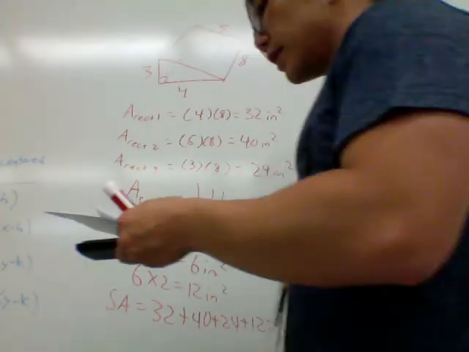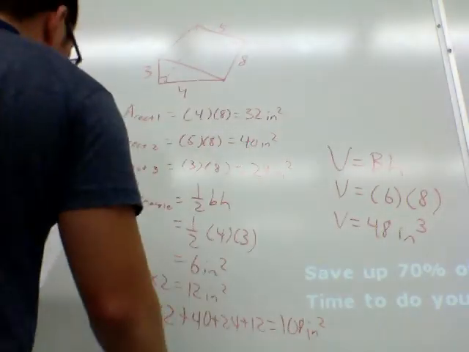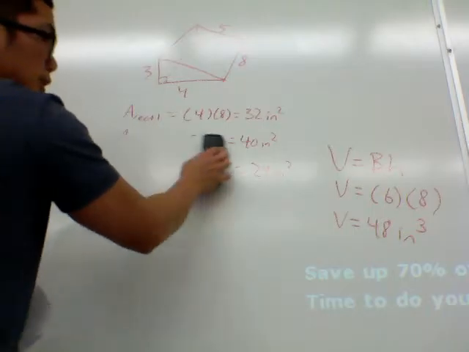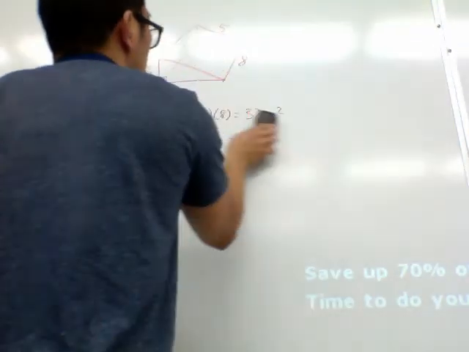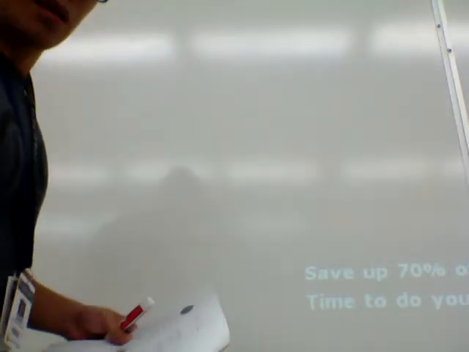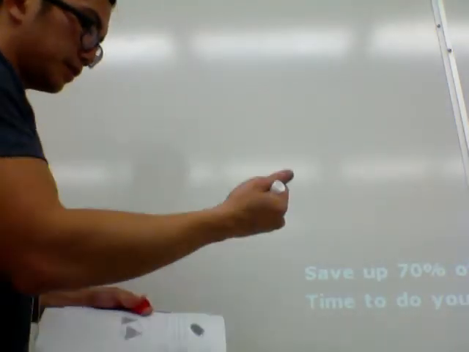Number 4 is going to be the same. So let's go through number 4. We just have a different type of triangular prism here. But it kind of works the same way.